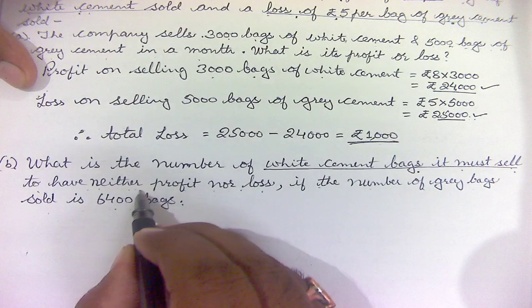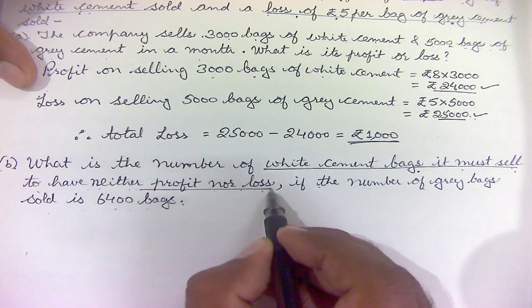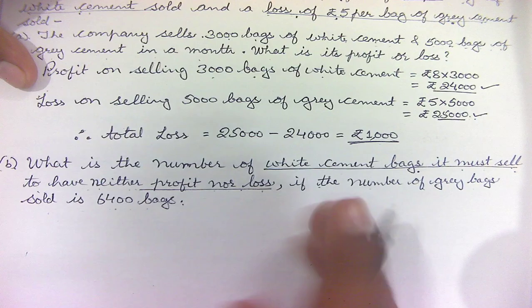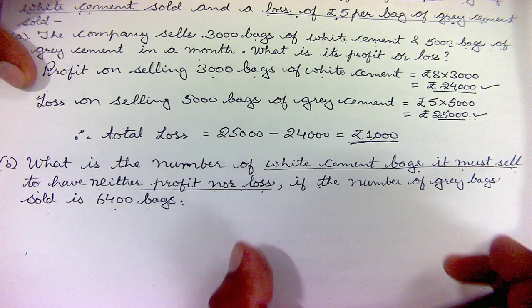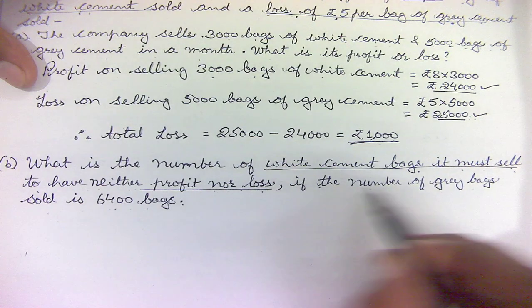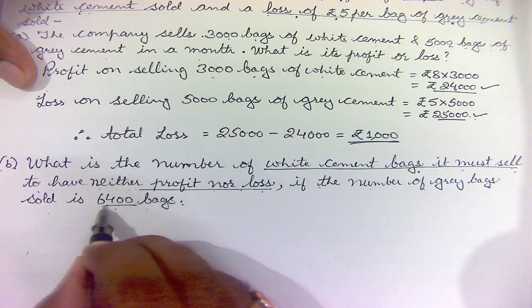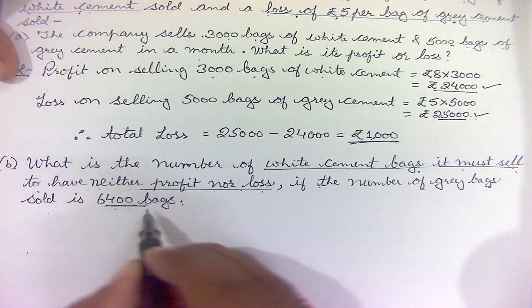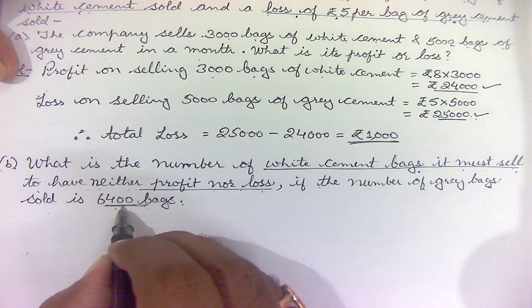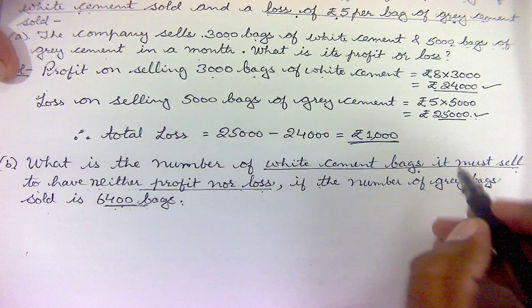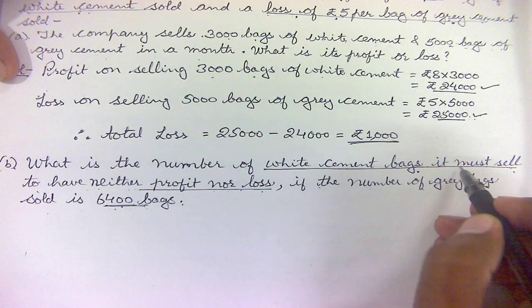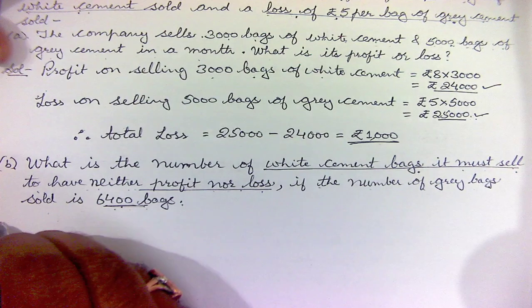It means the company does not want any profit nor any loss. It should be equal. So if the number of grey bags sold is 6,400, you have to tell how many white cement bags are to be sold.